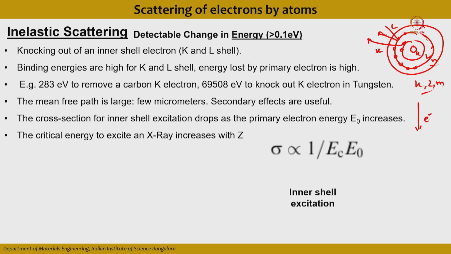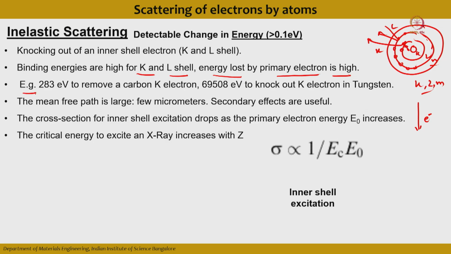But you can see that the K shell is much closer to the nucleus. So, the binding energy of that K electron with the nucleus is much higher than that of the L electrons. So, the binding energies are very high for K and L shells, and the energy lost by the primary electron is very high, more than a few hundred electron volts.